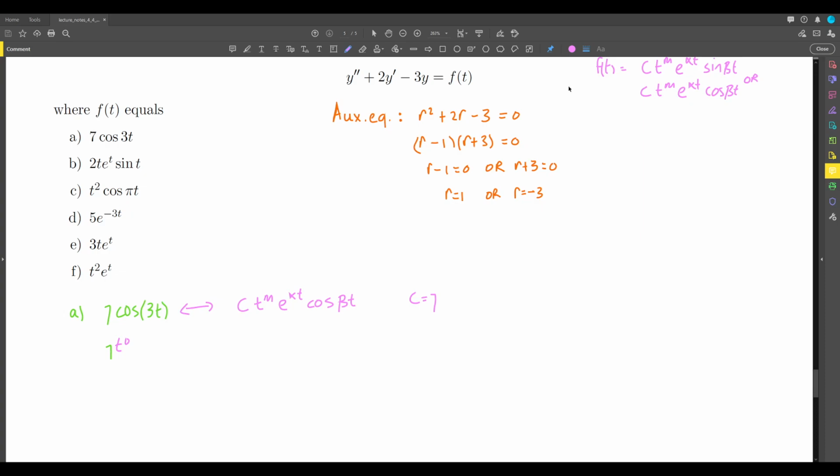And then there's also no e to the power, so I can write this as e to the power 0t, that's another hidden 1. And then finally, I have my cosine of 3t.